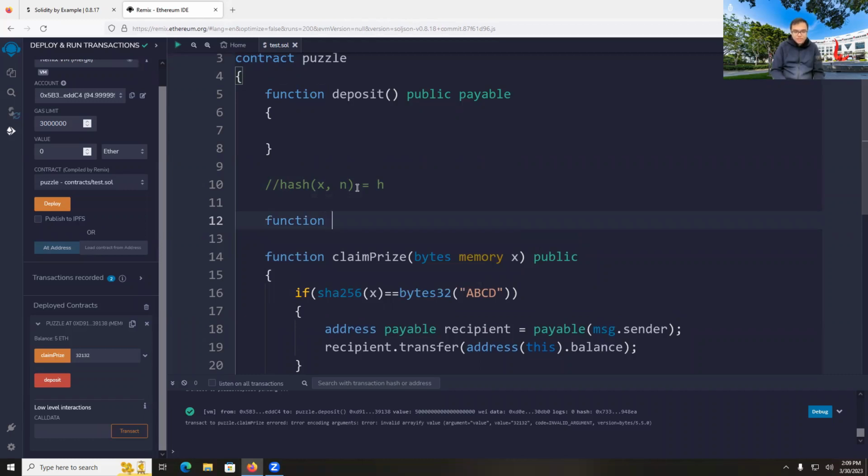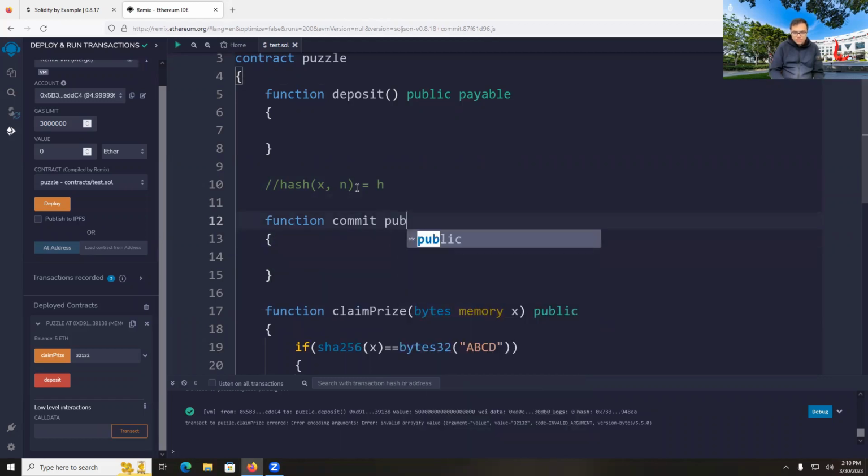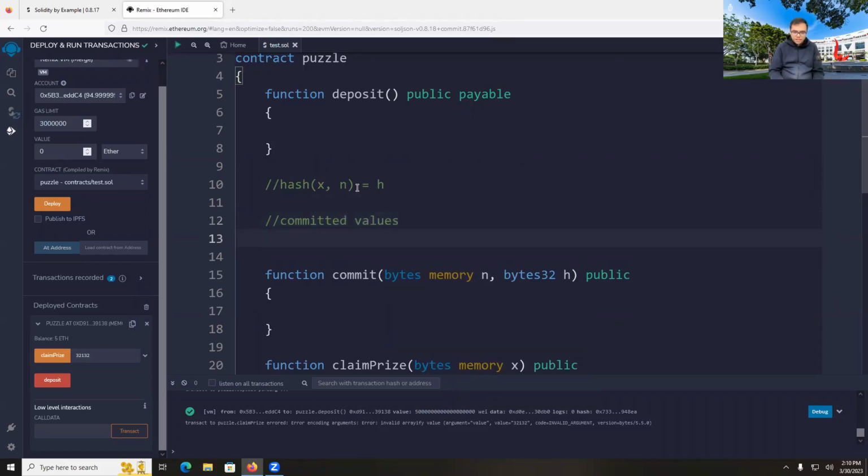So I will have first a function, let's call it commit. And this is also public. And what it gets are, let's say, some n, and it also gets the hash h. Okay. Now, what does this commit actually do? It's just going to save these values. So I will just have my committed values saved somewhere in my contract.